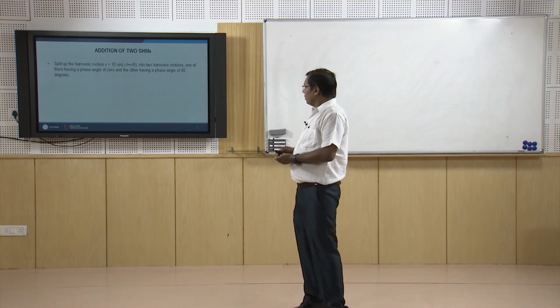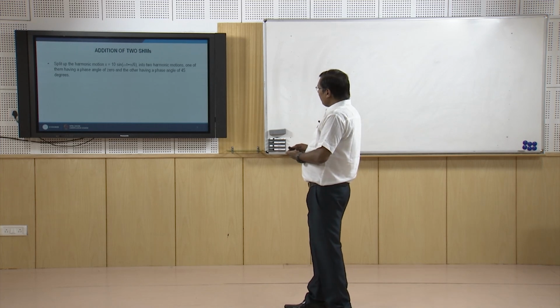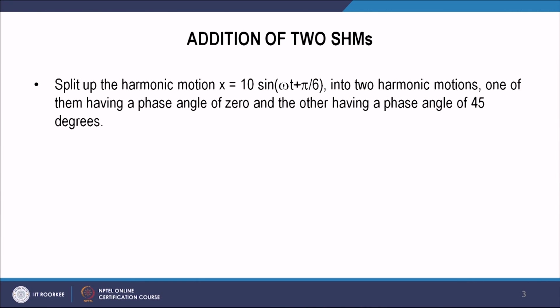Here it is said that we have to split up the harmonic motion that is represented by x equal to 10 sin(omega t plus pi by 6) into two harmonic motions, one of them having a phase angle of 0 and the other having a phase angle of 45 degrees.